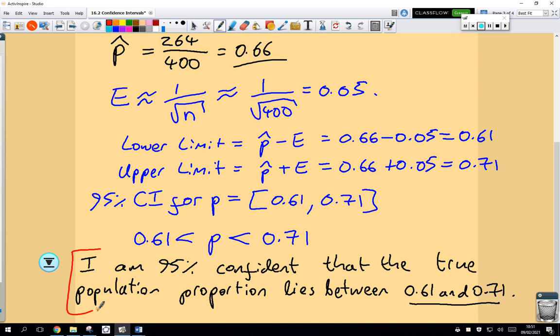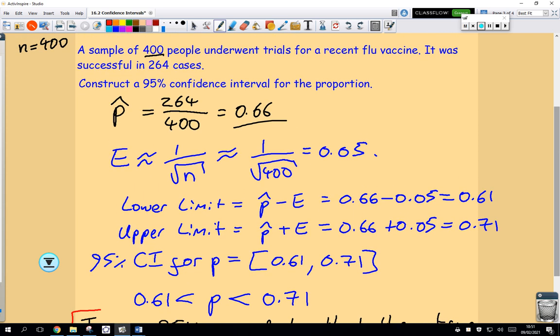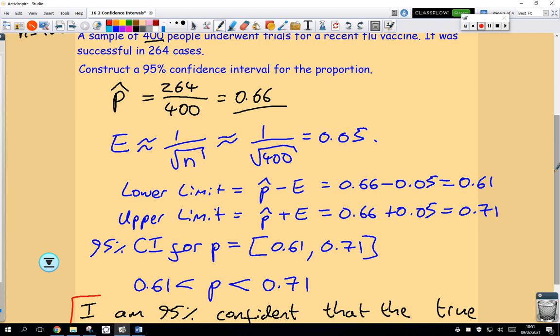Now, that's just one sample. Remember, I said that there are loads of samples that can be taken of 400 people. Lots and lots. Well, on every single sample, we can construct a 95% confidence interval.